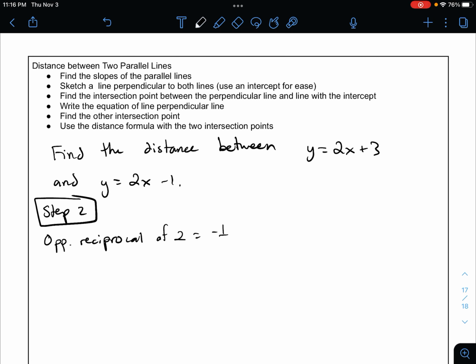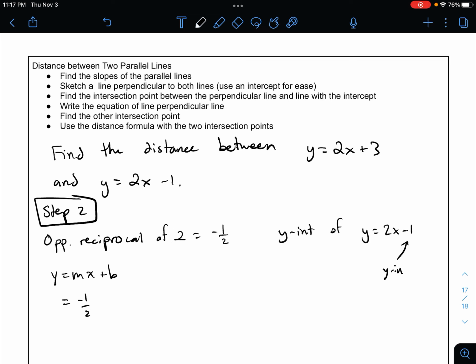But if I'm looking for the equation of the perpendicular line, this is kind of a combo with step 3 here. Because the opposite reciprocal of 2 is negative 1/2. So if I'm looking for my y equals mx plus b, we know that the slope is negative 1/2. And the question is now, what do I put in for x and y? Well, I have to know a point on one of these two lines. And we know the y-intercept of y equals 2x minus 1 is negative 1.